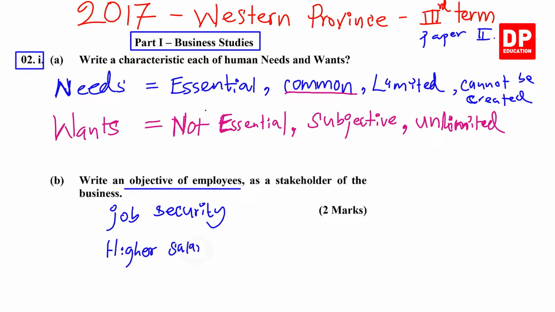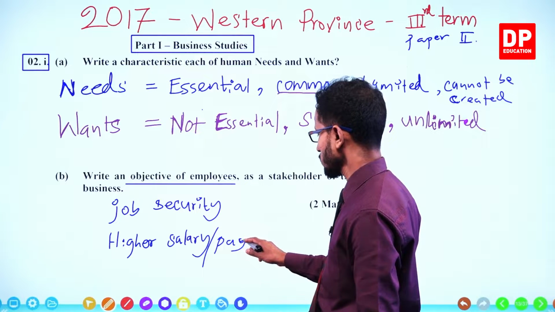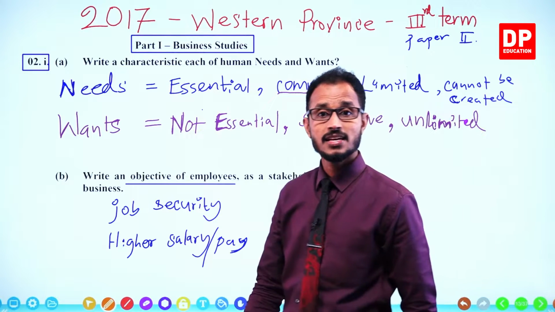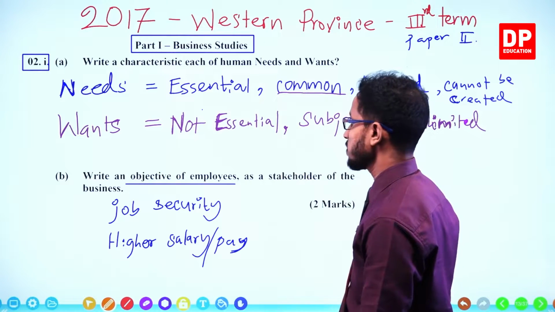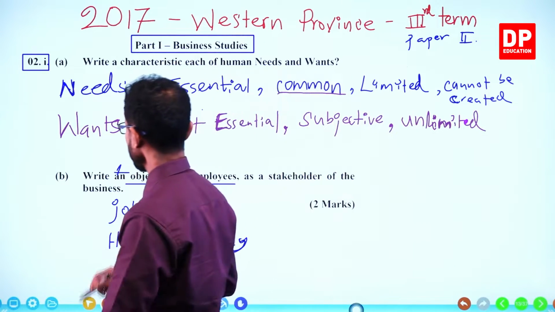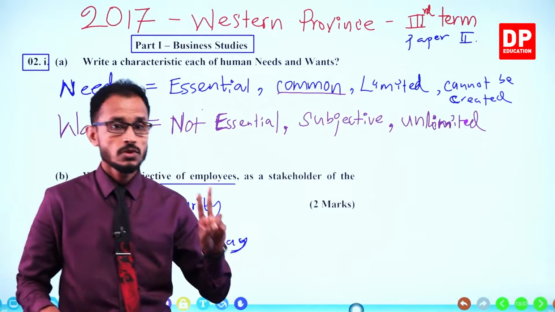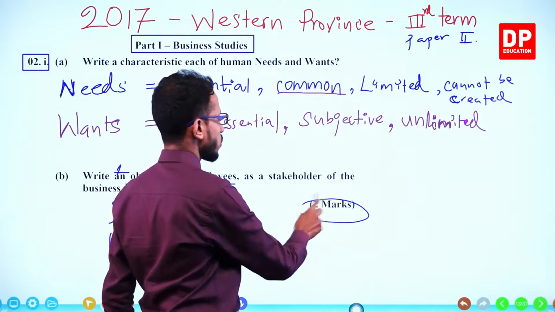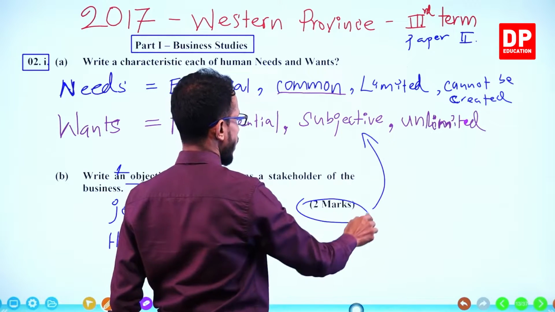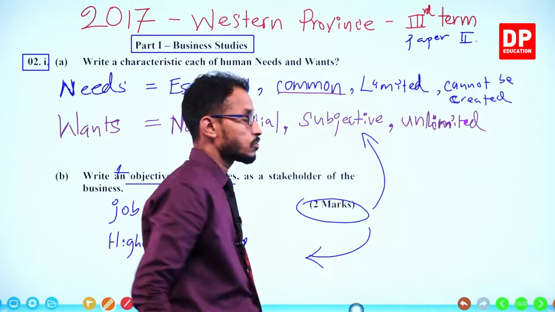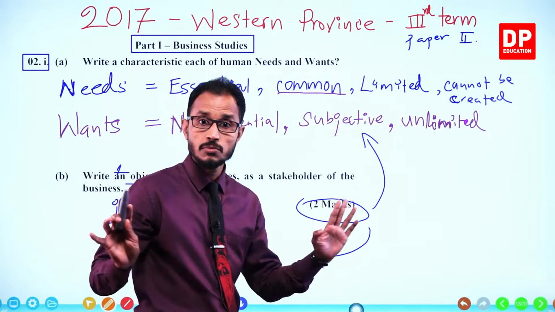These are what they expect. These are the objectives. One objective only is needed, but we wrote two. 2 marks for both. So don't take more than 5 minutes.